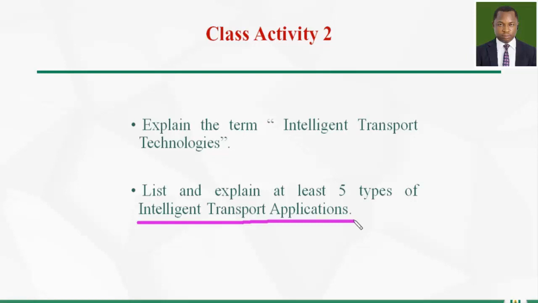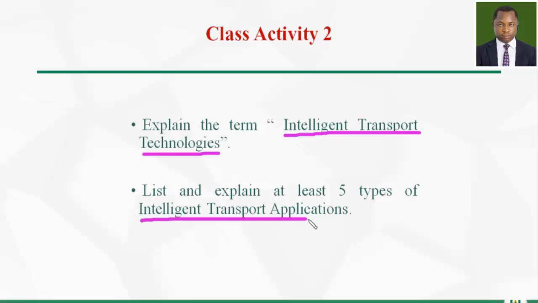Now the question you want to clarify here is the difference between intelligent transport technologies and intelligent transport applications. Technologies have to do with the category of ITS. Remember I talked about things like wireless communication.